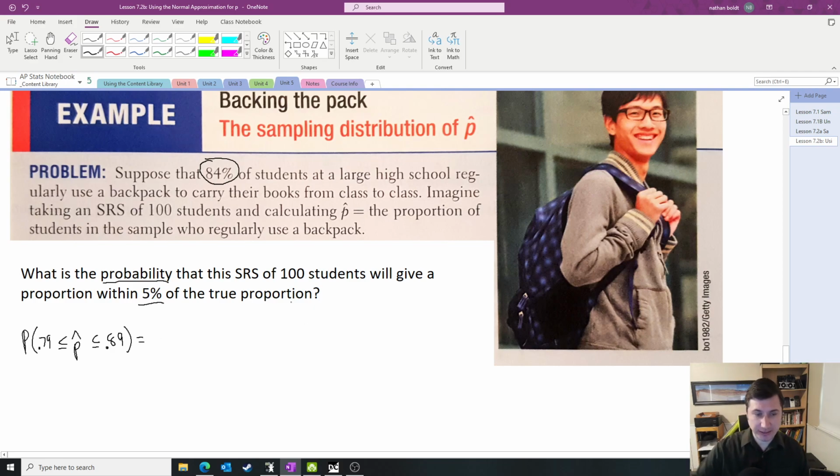So we have to calculate the mean, the standard deviation, our assumption on the standard deviation, the shape, the condition for the shape is met, then we can do our normal CDF. So the mean of our sample proportions, of all the sample proportions, will be centered at 84%, the actual true proportion.